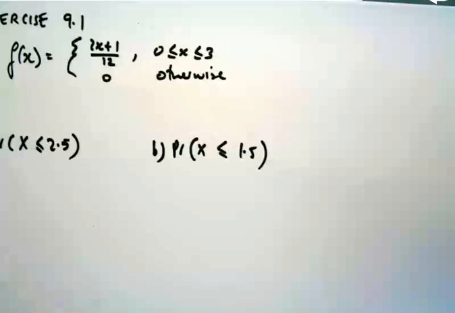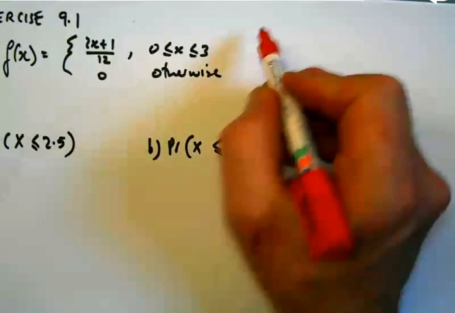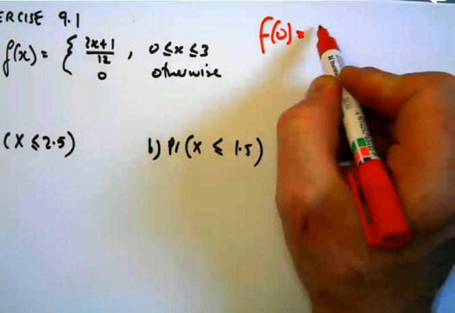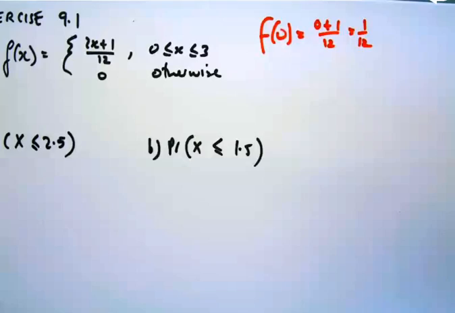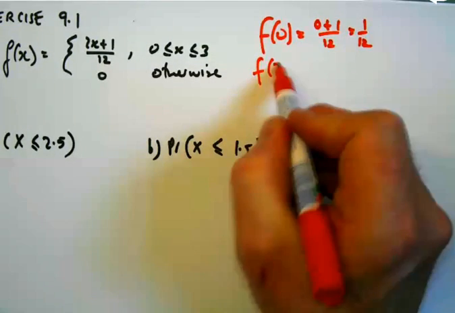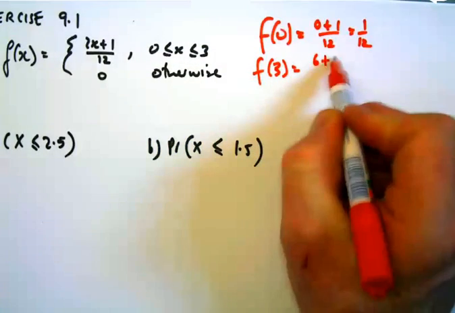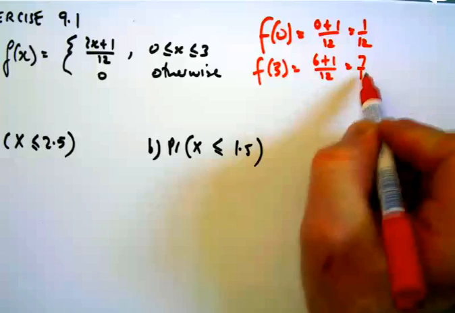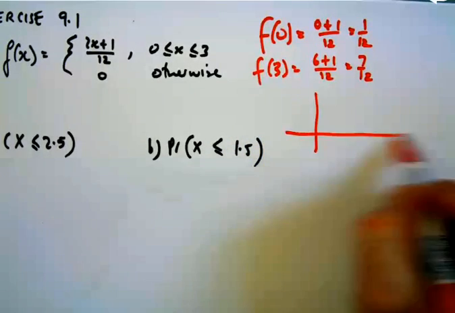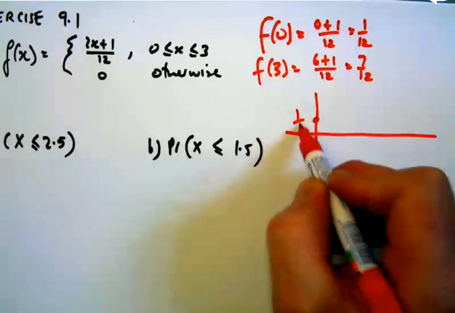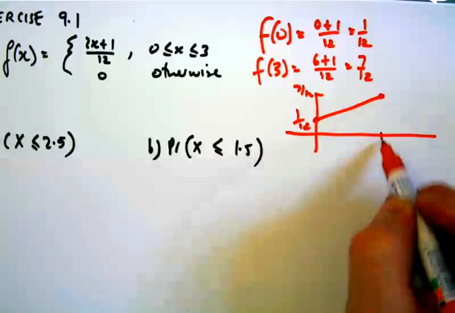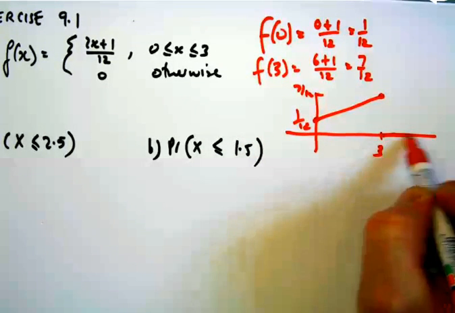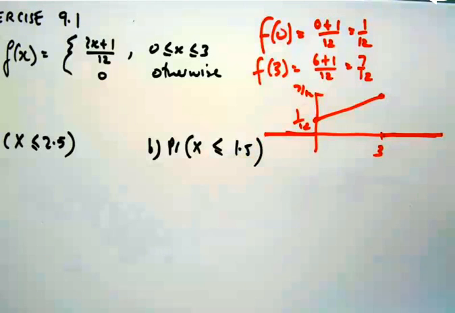So if I see what it looks like, f of 0 will equal 0 plus 1 on 12, so 1/12. And f of 3 will equal 6 plus 1 on 12, or 7 on 12. So the function looks like 1 on 12, 7 on 12, from 0 to 3, and it's 0 otherwise.